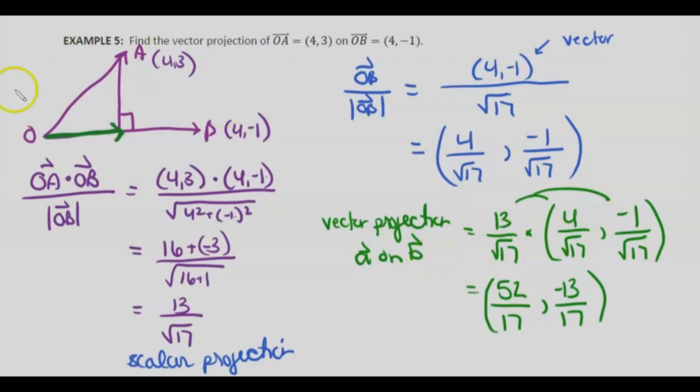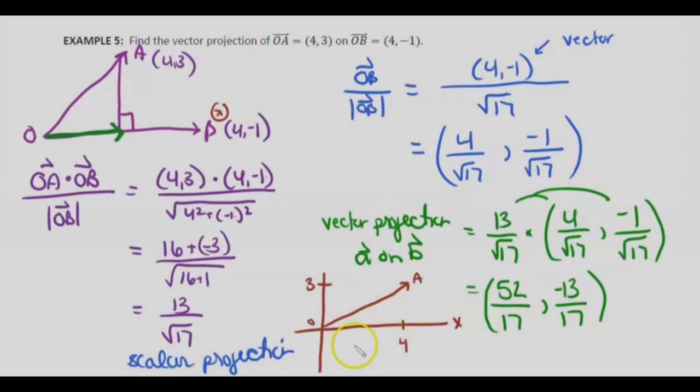I'm going to give a better visual of this right now. Up here I just drew OB kind of on the positive x-axis. I didn't rotate it, but we actually know these coordinates. So if this is our x-axis and this is 4, we have OA, which is (4, 3). OA is going to look like this. Now we have OB, which is (4, -1).